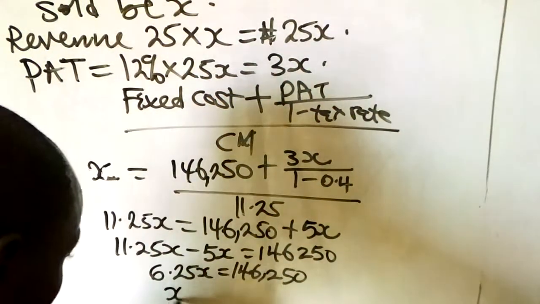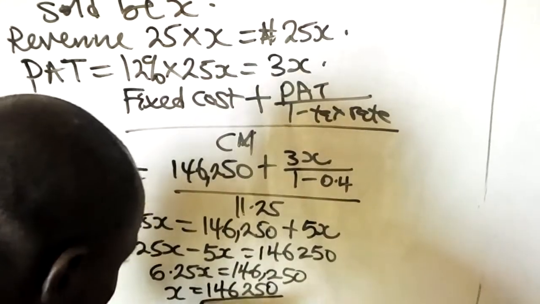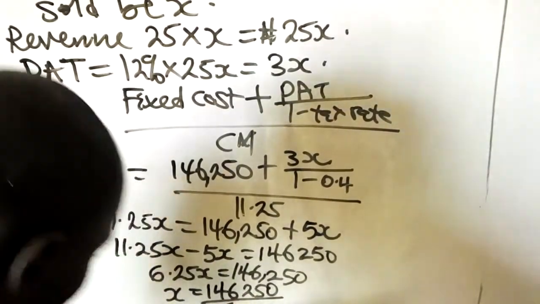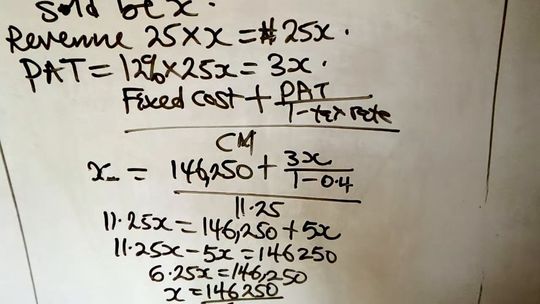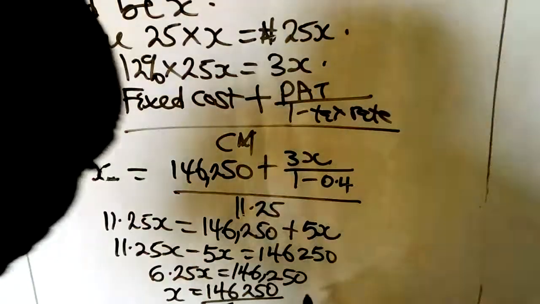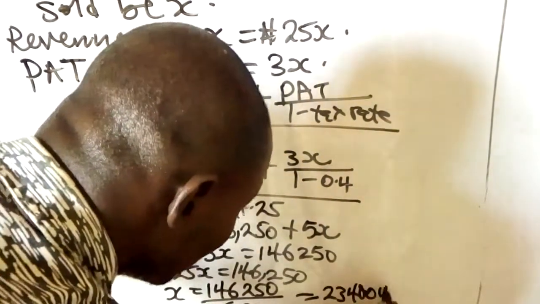So our x will be 146,250 divided by 6.25. Then we have 23,400 units.